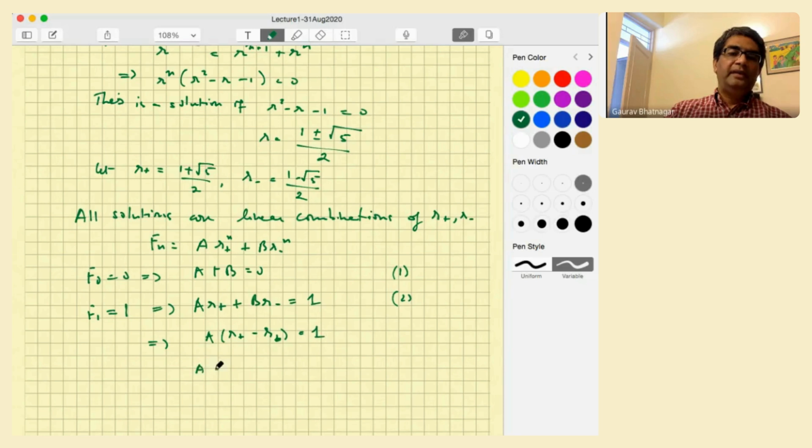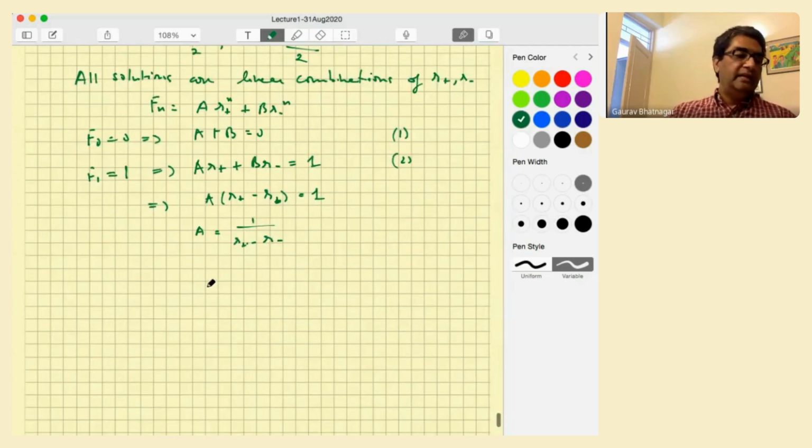So a is equal to 1 over (R plus minus R minus). R plus minus R minus is (1 plus square root 5) over 2 minus (1 minus square root 5) over 2, and you get square root 5. And b is minus a, which is minus 1 over square root 5.